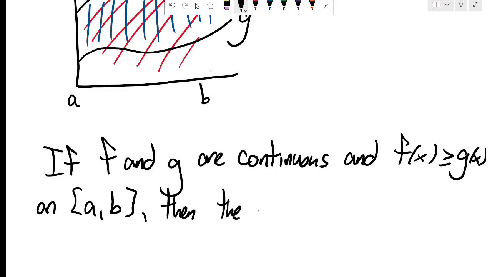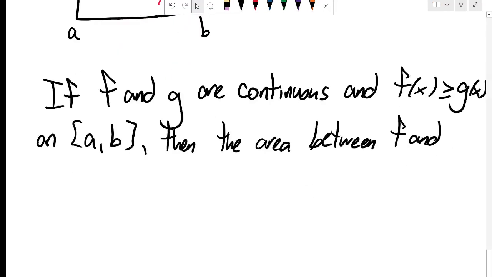Then the area between f and g is given by exactly what we just said.